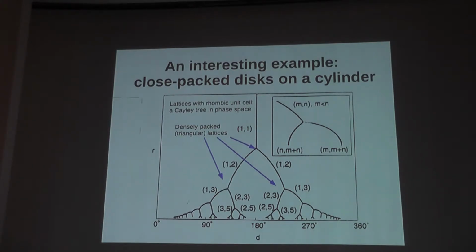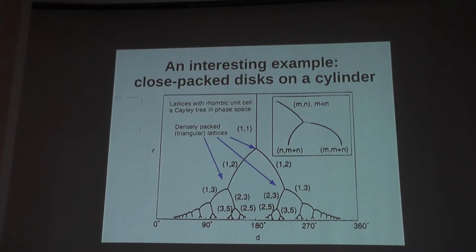So one can go a bit further by introducing geometric constraints. And now let's say we consider not all lattices which are theoretically possible, but only those which are obtained by close packing of disks.